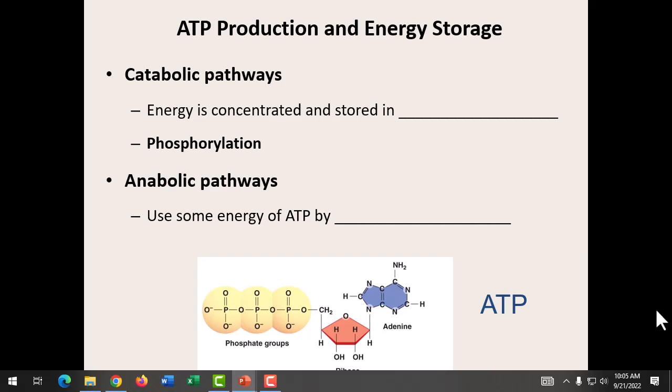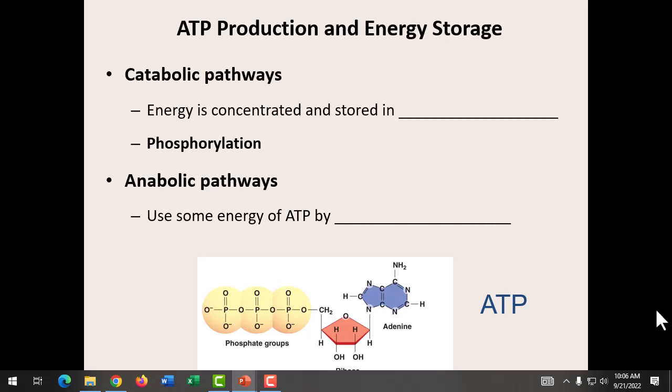Storing energy in these high energy bonds in the phosphate is called phosphorylation. This is the most common molecule that we can easily add phosphate groups onto and easily take them off when needed.